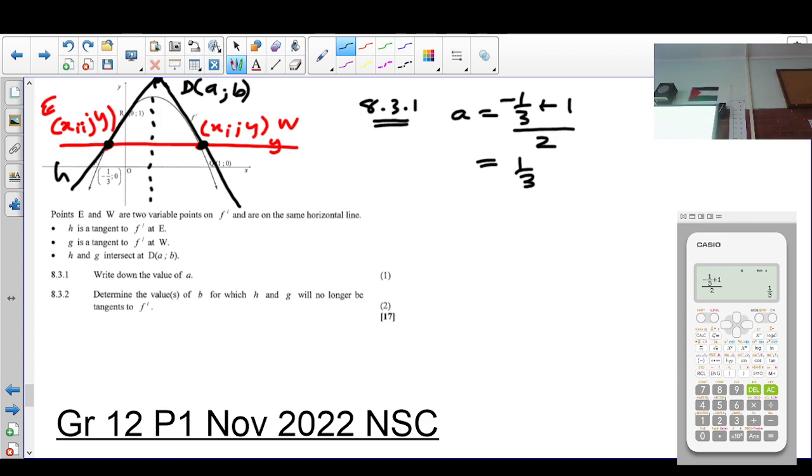Now, determine the value or the values of B for which H and G will no longer be tangents to F. It will only be a tangent to F if those points are not considered any longer.